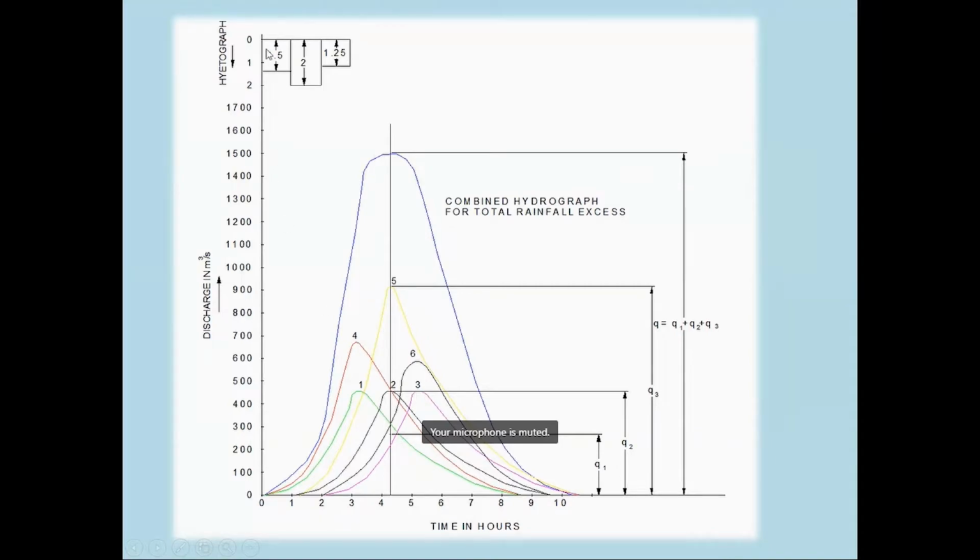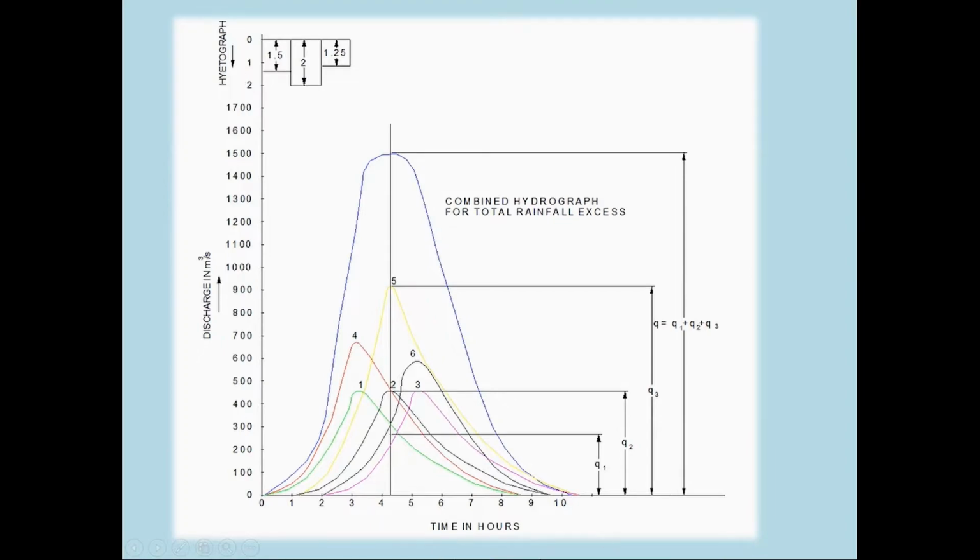Now the unit hydrograph is of value 1 centimeter, and the first rain is of value 1.5. The volume of rainfall is 1.5.